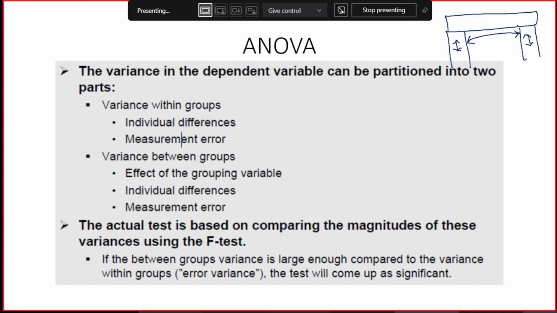The ANOVA value is the ratio between the within the groups and between the groups, and we are using the F ratio because we are finding the variances. So we are using the F test, and this F ratio should always be greater than 1.